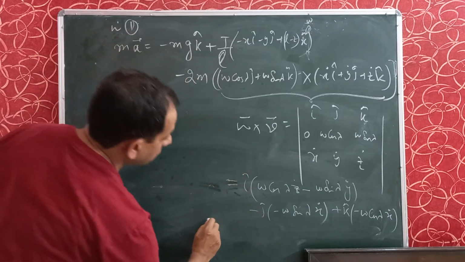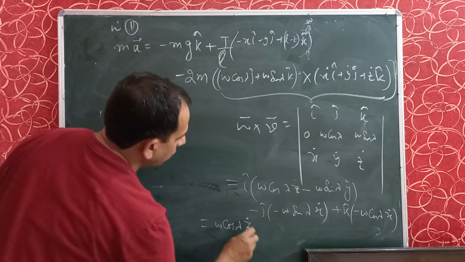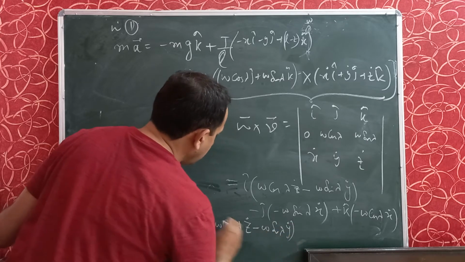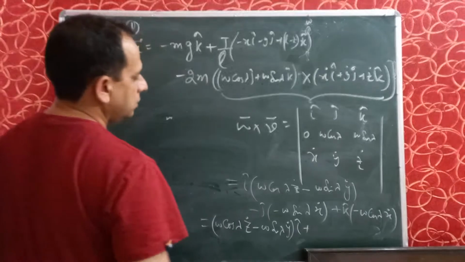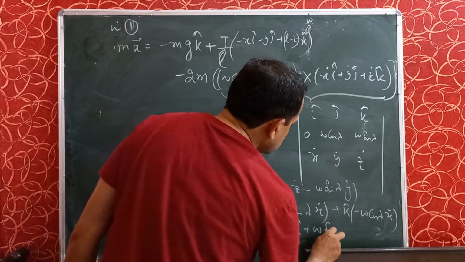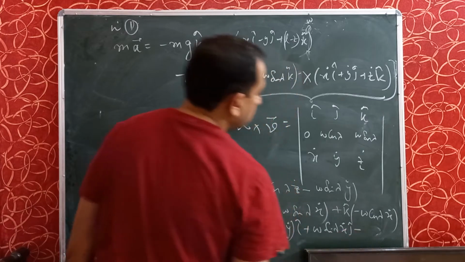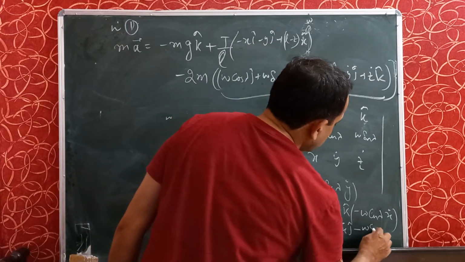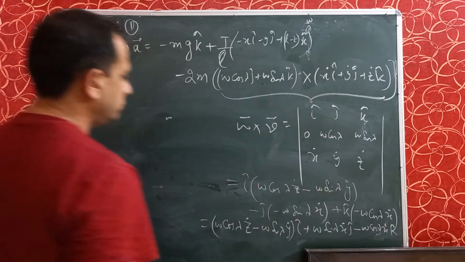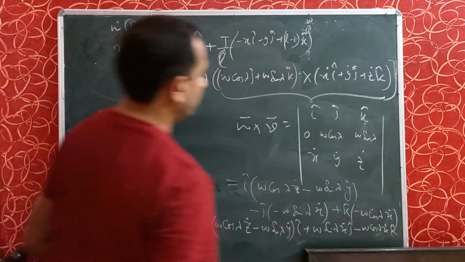So ultimately it will become omega cos lambda into z dot minus omega sin lambda into y dot, it is i. Okay, minus into minus plus omega sin lambda into x dot j, and this last one is omega cos lambda into x dot k. So this is the value in 3 components, i, j and k component.